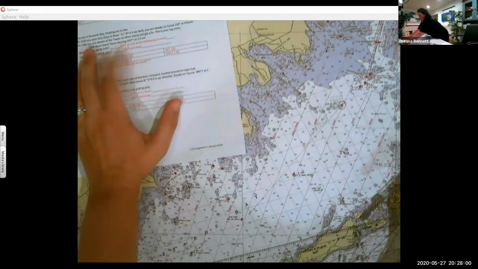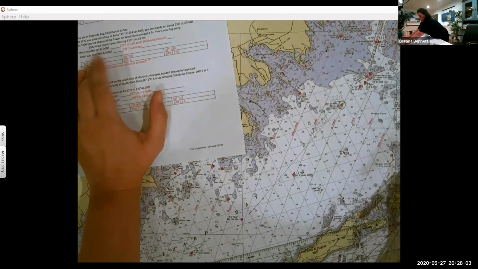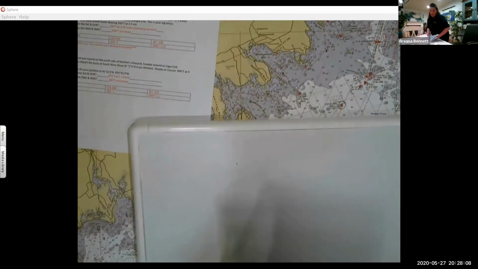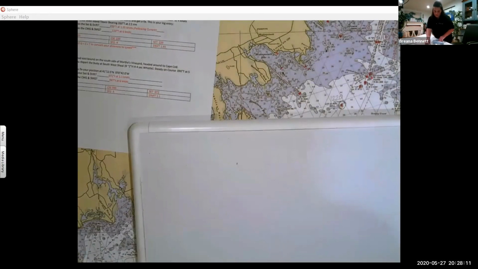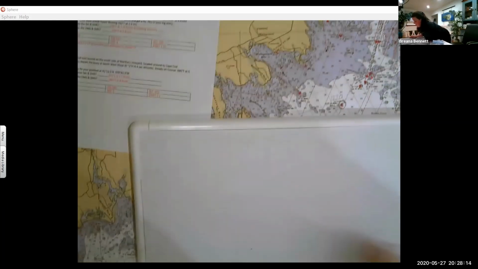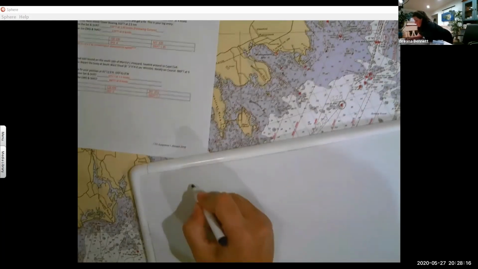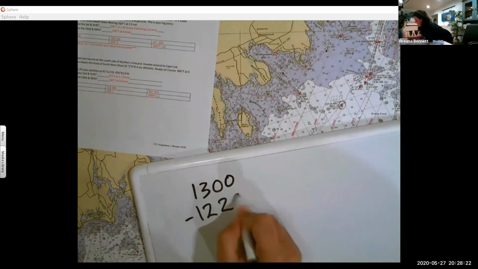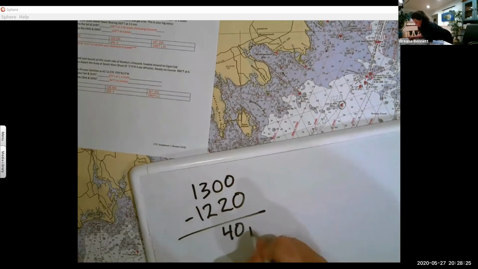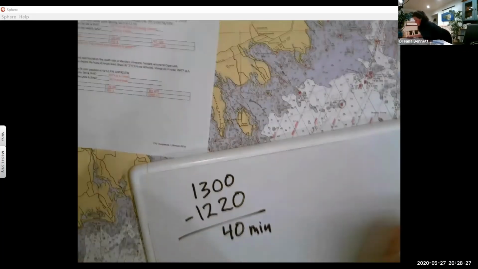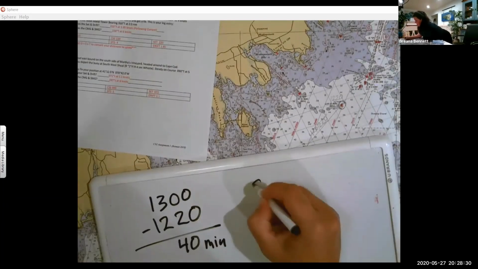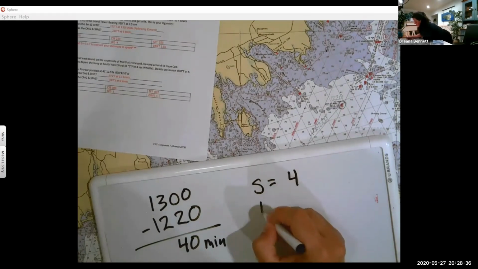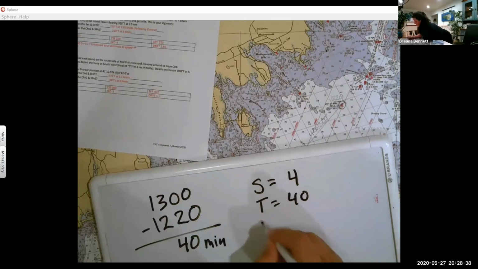Okay, and then at 1300, it gave us a position. So first, I want to do a DR to 1300. So 1300 minus 1220 gives me 40 minutes. How far did I travel in 40 minutes? I have a speed of 4 knots. I have a time of 40 minutes. So I need a distance.